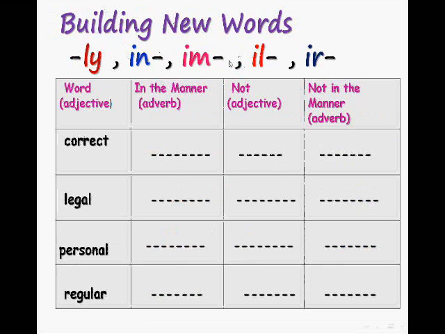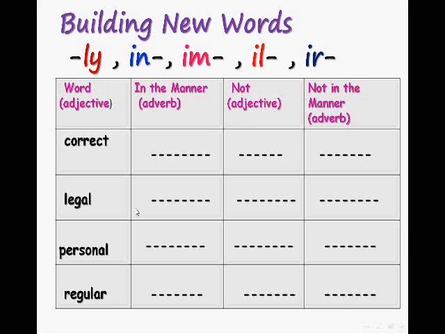Another way of building new words is, of course, adding ly. I forgot to tell you that it is a suffix, so it comes at the end of the word. Also, we add in as a prefix, im as a prefix, il as a prefix.